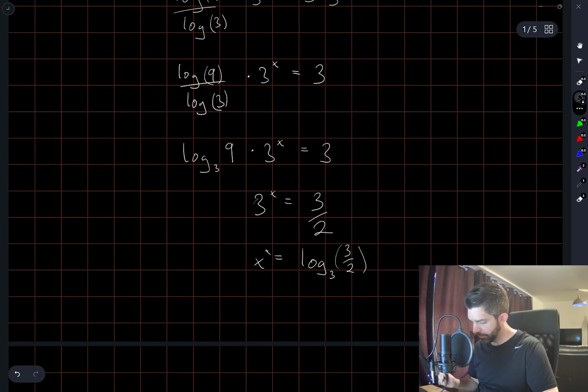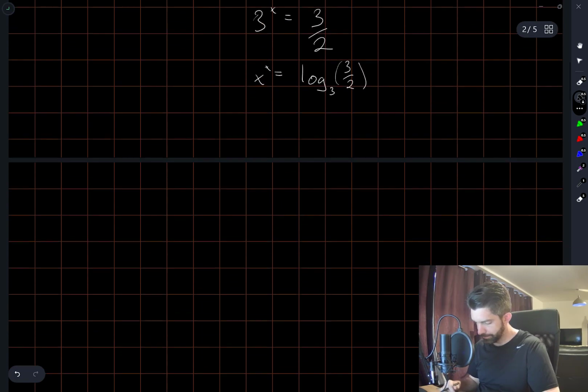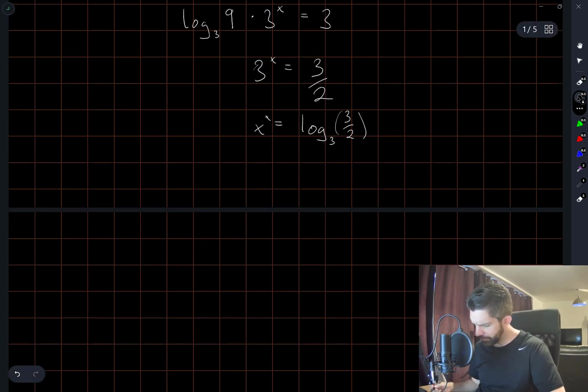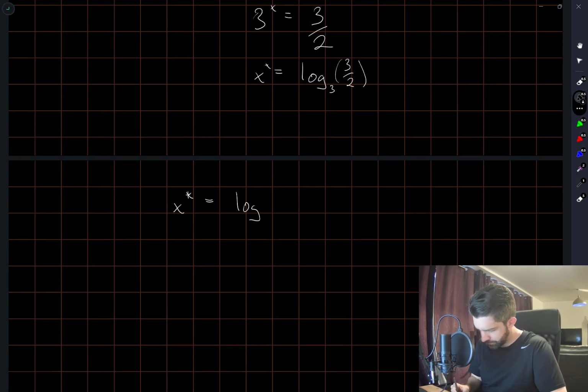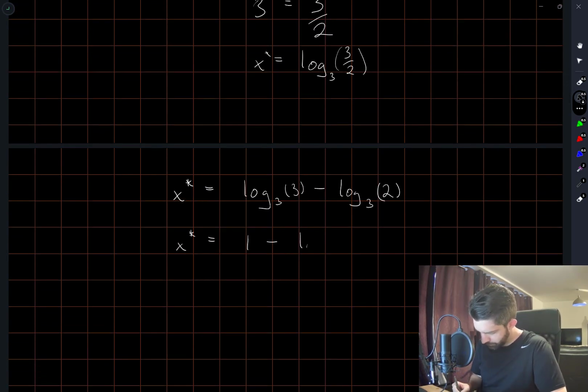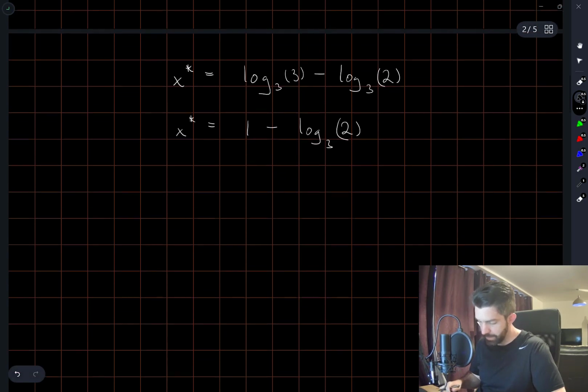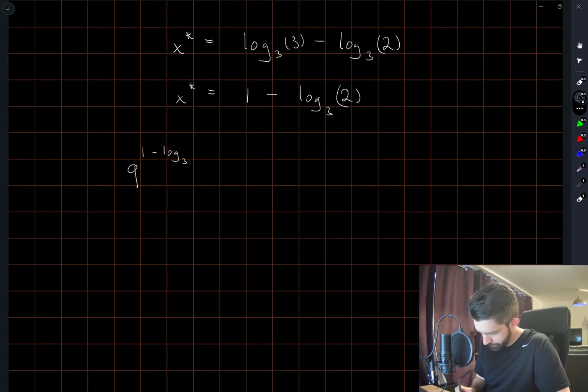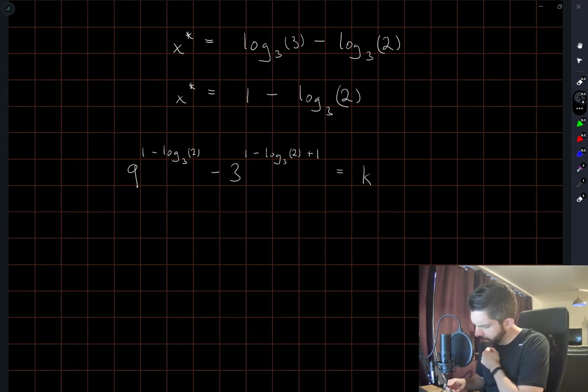So let's substitute now this value of x into the function and see what we get. Can I simplify this value of x first of all? Okay, maybe a little bit simpler depending on your perspective. But I want to compute what the value of the function is at this value of x. I'm not going to set this equal to k. I just want to figure out what this is equal to.